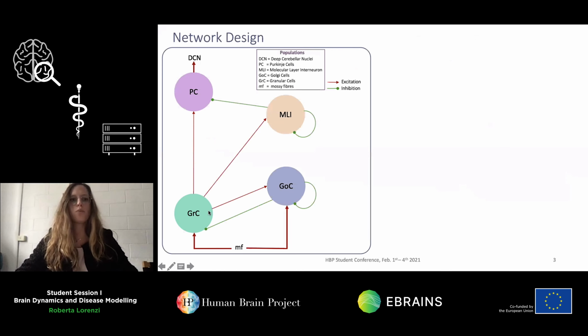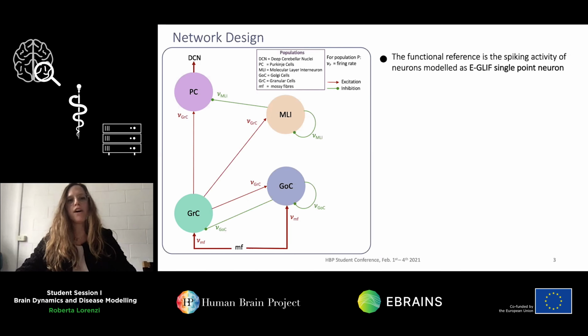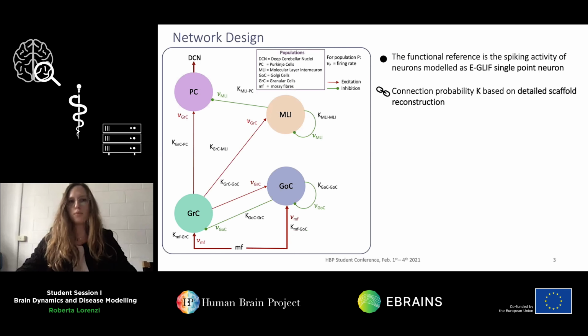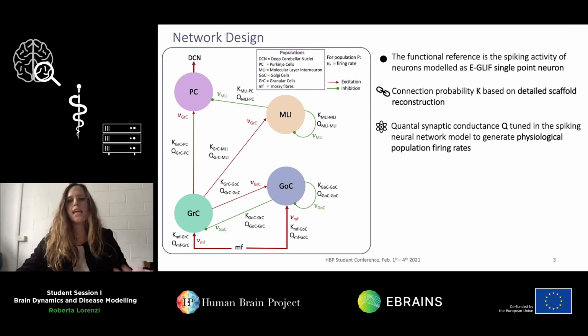The populations we consider are the granular cells, the Golgi cells, the molecular layer interneurons, and the Purkinje cells. We keep the topological organization of the populations, and our functional reference is the AdEx single-point neuron equation. Detailed scaffold models have been used to set the connection probability amongst these populations, and the same is done for the quantal synaptic conductance.